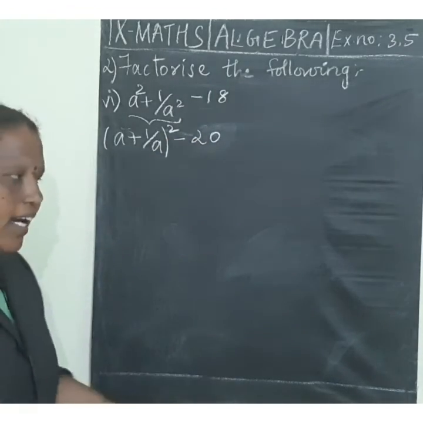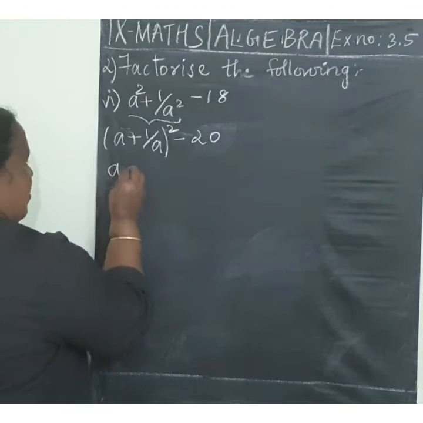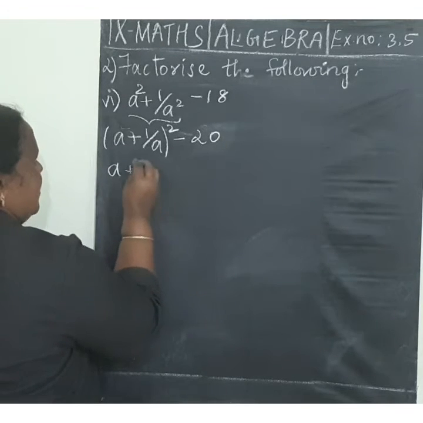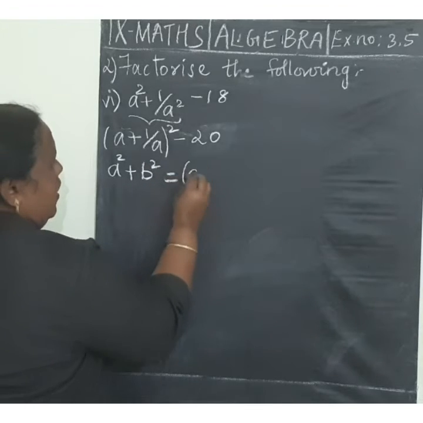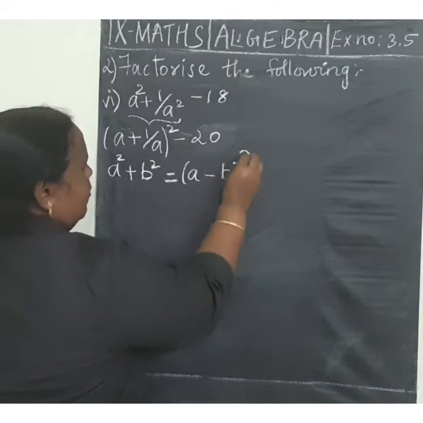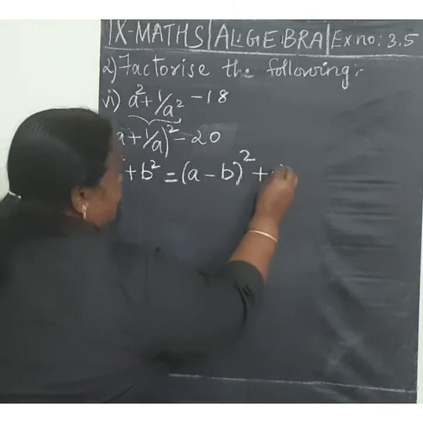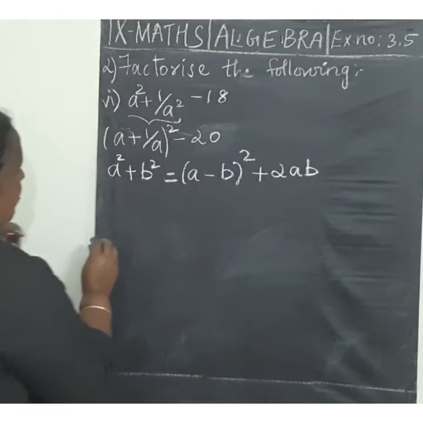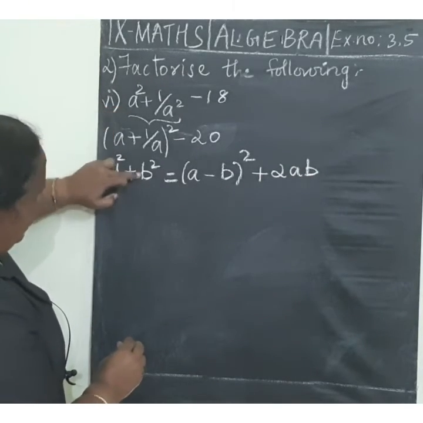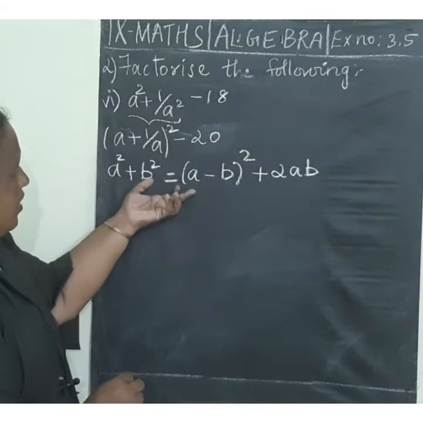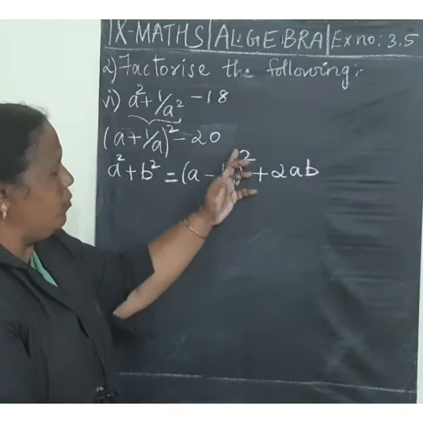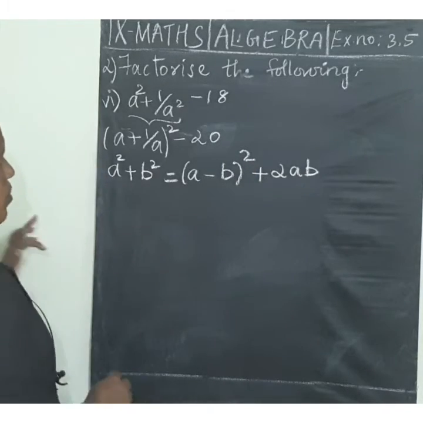We can go for another identity, the same a square plus b square is equal to a minus b the whole square plus 2ab. So the same, our a is a only, b is 1 by a only.